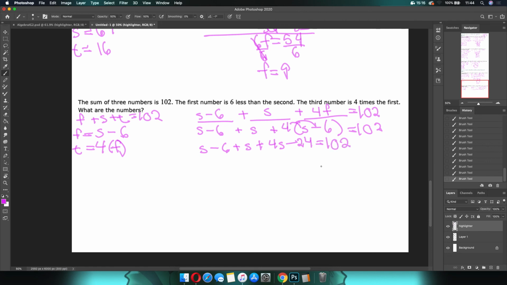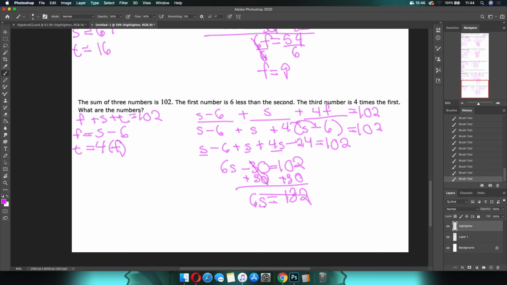We can combine like terms. 4, 5, 6, 6s. Minus 6 and 24 is 30, equals 102. All right, so far so good. So now what we're going to do, we're going to plus 30. 6s equals 132.